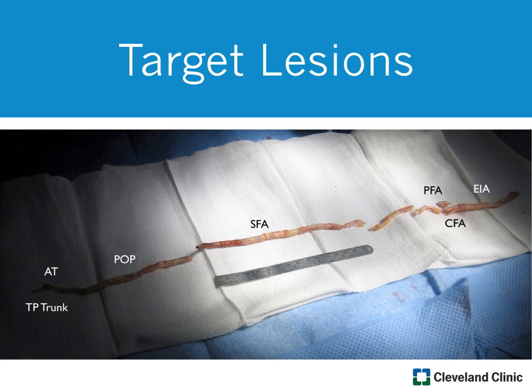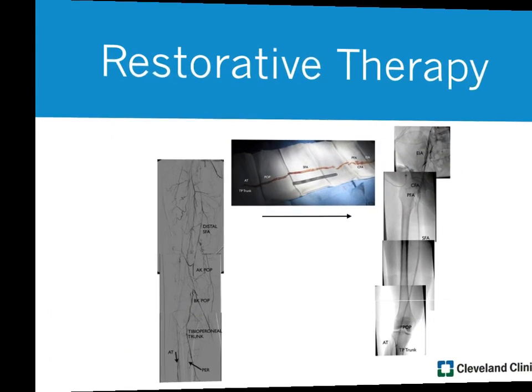And this is an example plaque that I've removed from a patient who had multi-segments of occlusions, including plaque from the external iliac, common femoral, profundifemoral, superficial femoral, popliteal artery, anterior tibial artery origin, and tibioperoneal trunk. This shows you how much plaque I can remove from someone. And this is that patient.